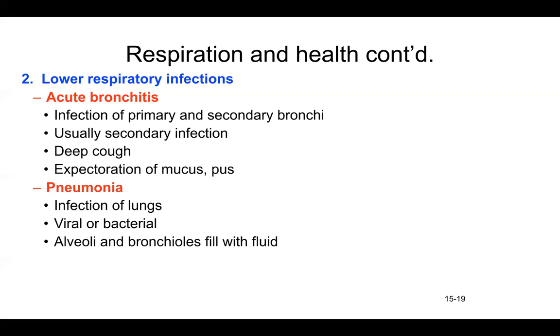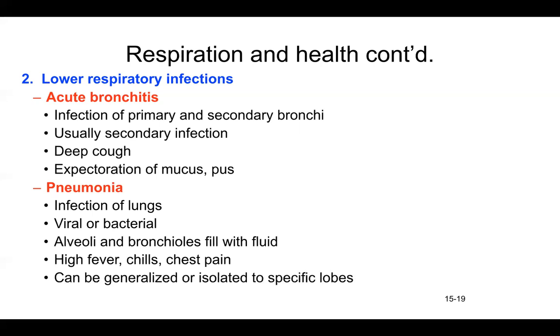So really deep in your lungs, and it's really tough to cough out any pus or mucus there. Following with pneumonia and the fluid-filled lungs, there's a high fever, chills, as well as possible chest pain. It can be generalized to both lungs or isolated to even specific lobes of a lung.